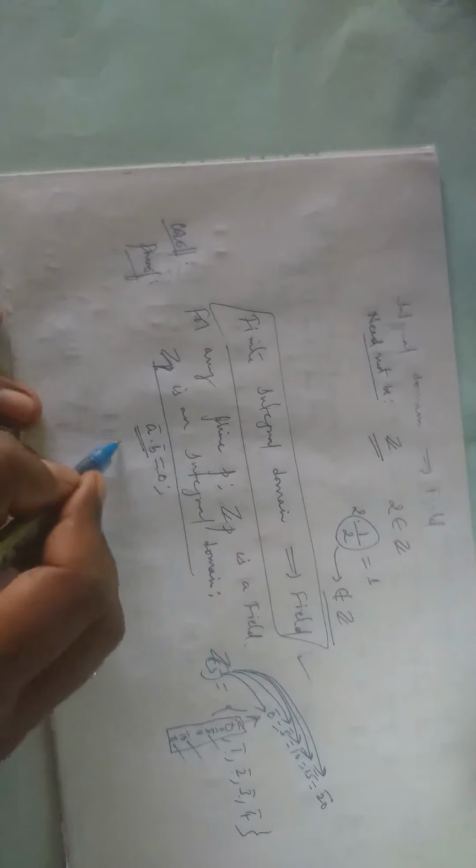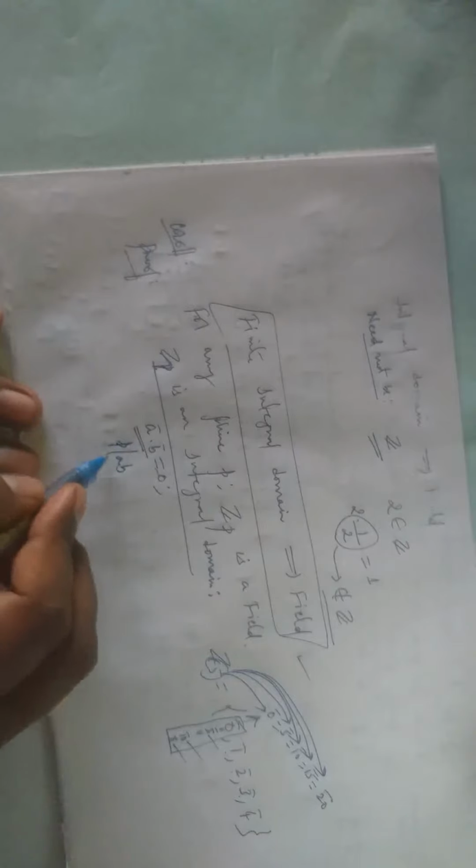So here also P will divide this. If it is 0, it looks like some multiple of P. 15 is a multiple of 5. Similarly, A bar times B bar is a multiple of P. Is it clear? So P divides AB.